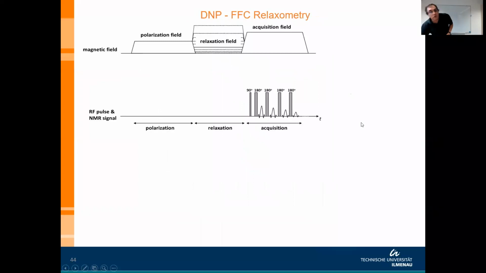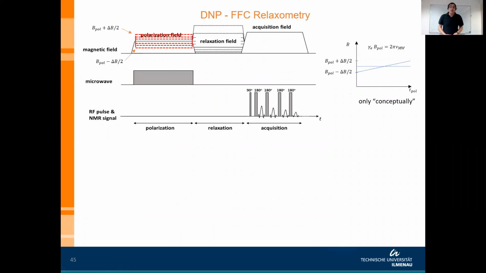Well, let's continue here. It's another scheme where now I want to describe the DNP experiment, basically. In the DNP experiment, we irradiate with microwave. And what you're doing is you fix the microwave frequency, and then you sweep the polarization field in this polarization period.